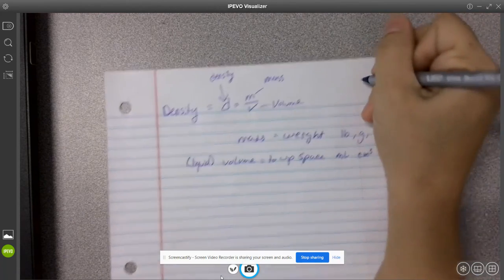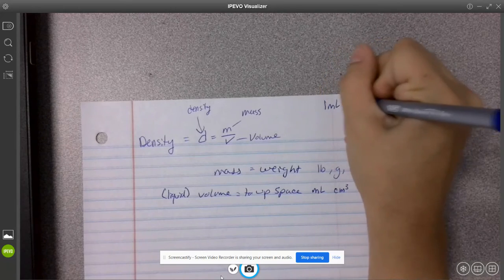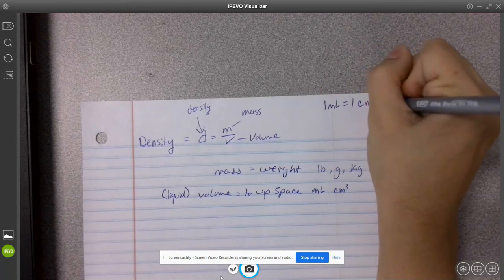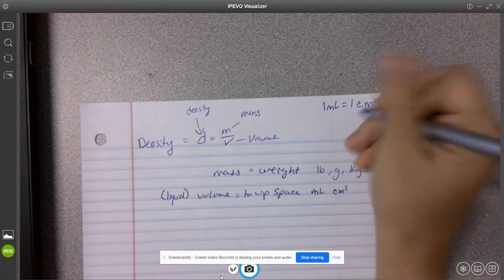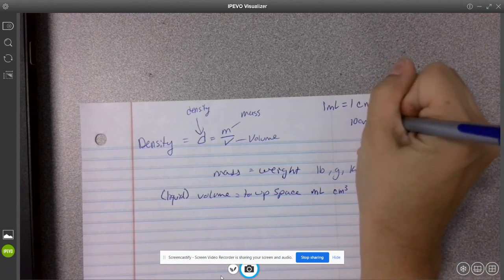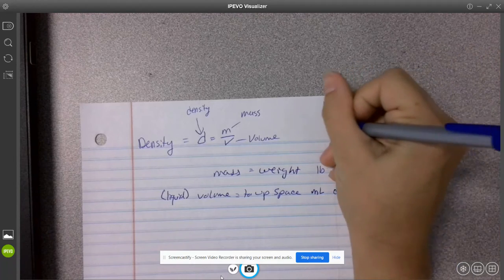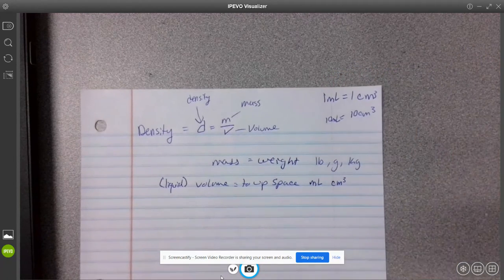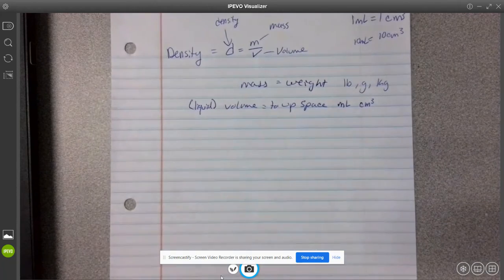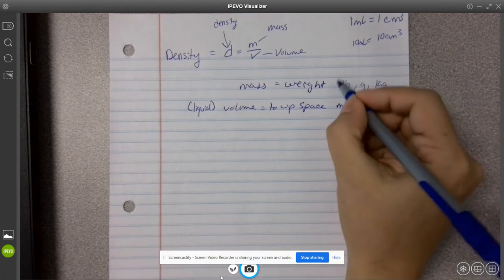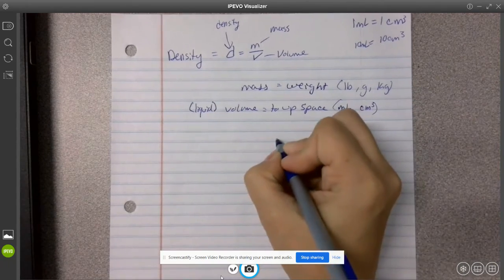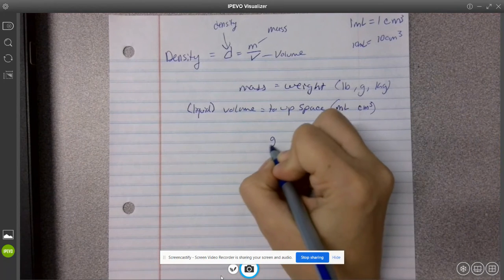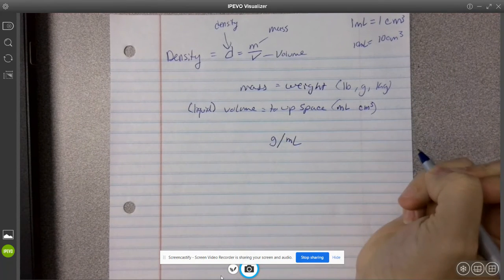If you have 1 milliliter, it'll be equal to 1 centimeter cubed. So if you're ever given a problem saying that you have 10 centimeters cubed, well then you have 10 milliliters. It's a nice 1-to-1 ratio. So if we're looking at our units, density will generally either be in kilograms or grams over milliliters.